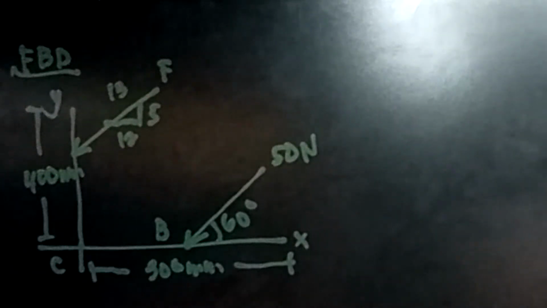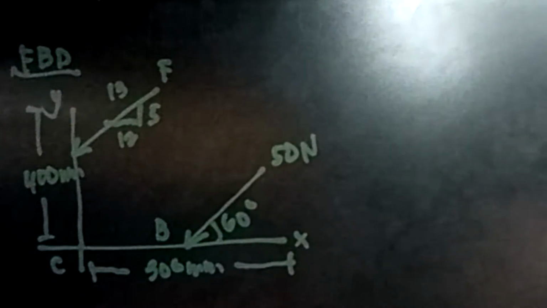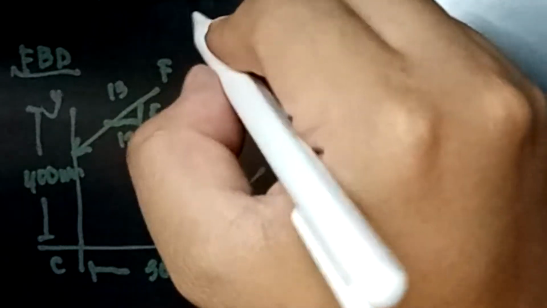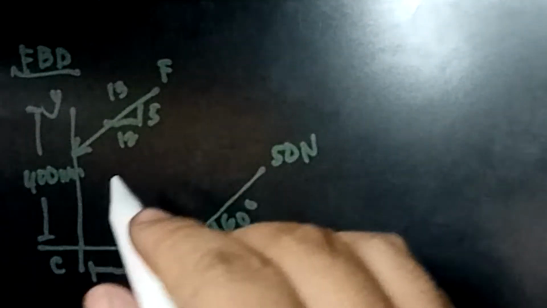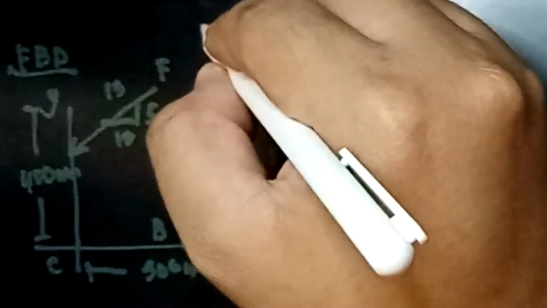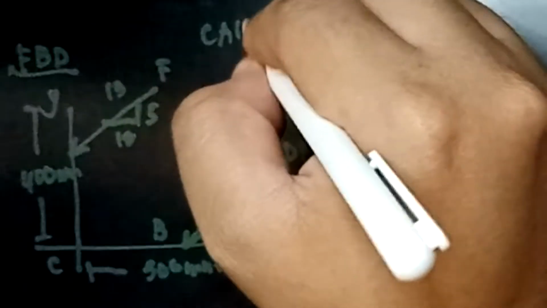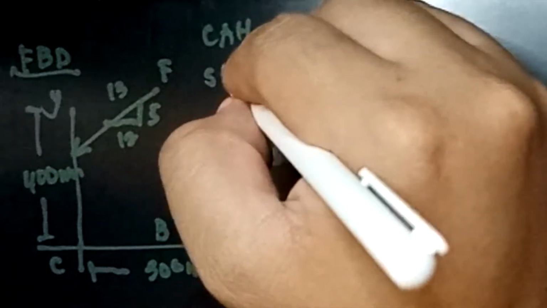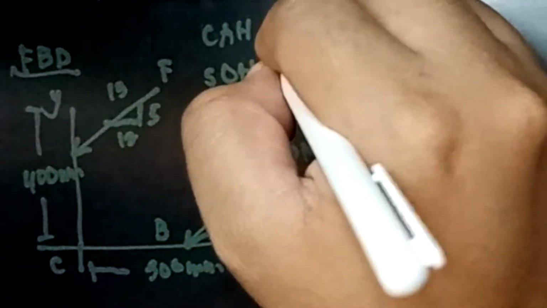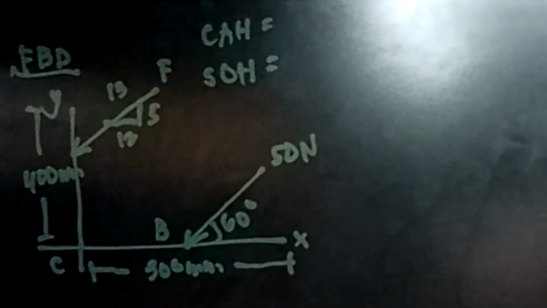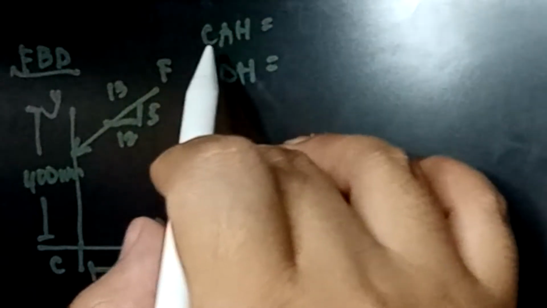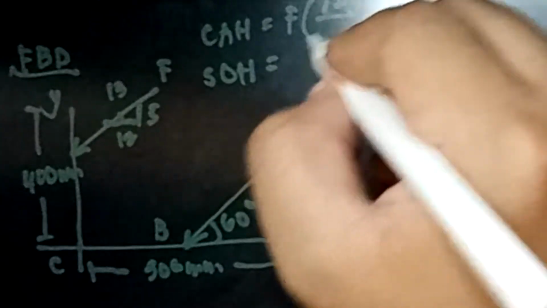So, dito sa ating force F, alam natin na pag with respect to x-axis, yung ating right triangle, ang gagamitin natin is, familiar kayo dito, SOHCAHTOA. So, sa ating cosine, adjacent. So, ang adjacent is 12.